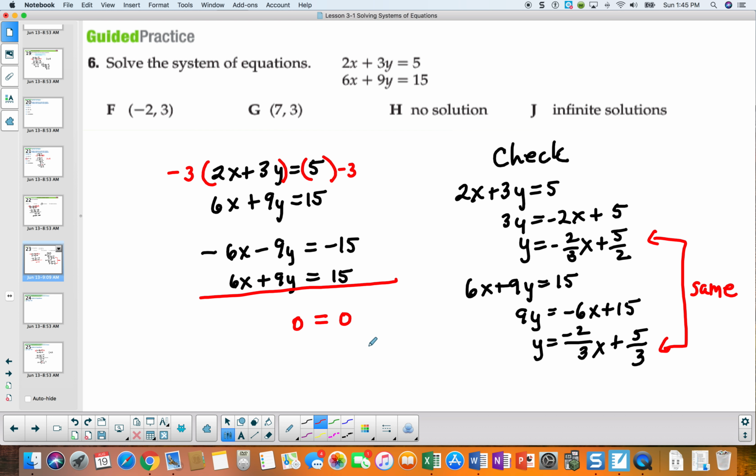Now that is a true statement. 0 is equal to 0. When that happens, that means you have an infinite number of solutions. It's making sense, but it's not giving us one answer. So I went ahead and solved for y for each one of them, and I noticed that the slope was the same and the y-intercept was the same. So that made me verify that they were the same equation.